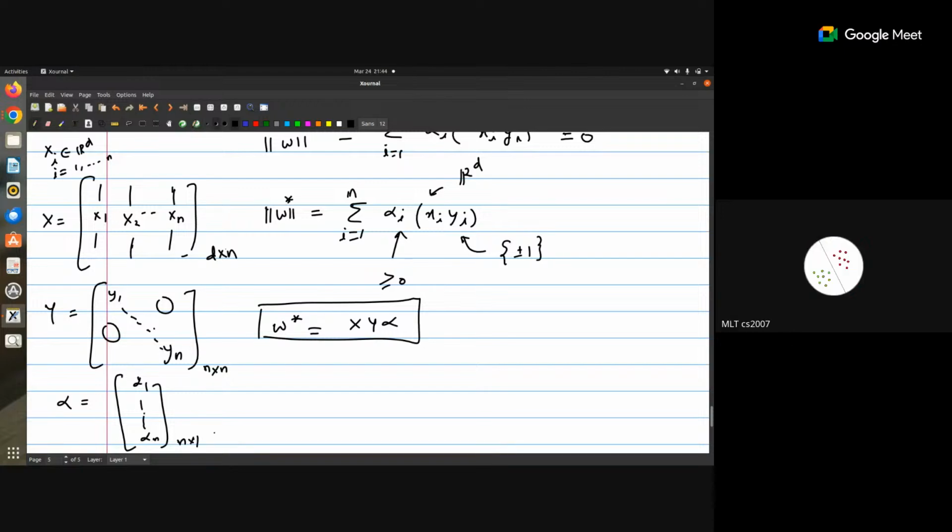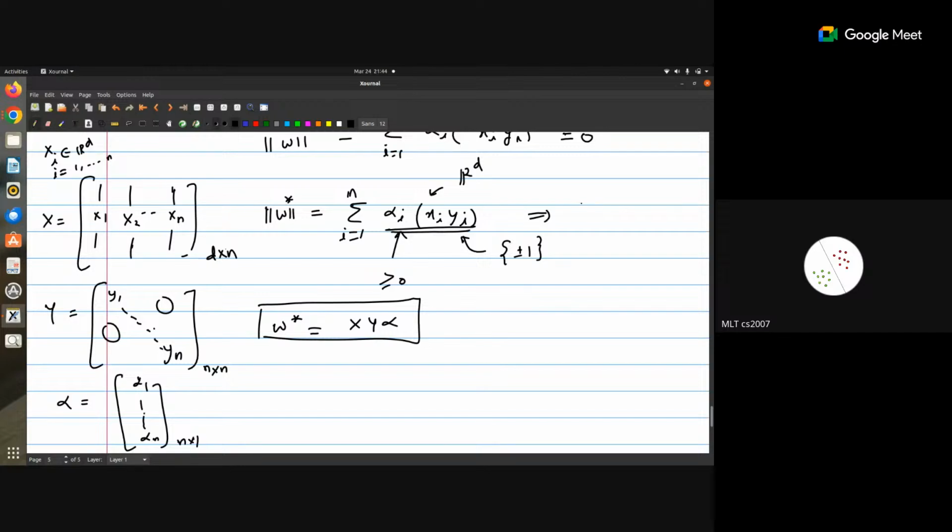If you think about the summation part, it should be a vector, not a scalar. Vector, sir.